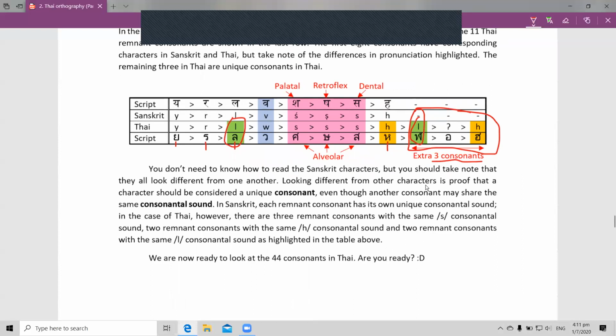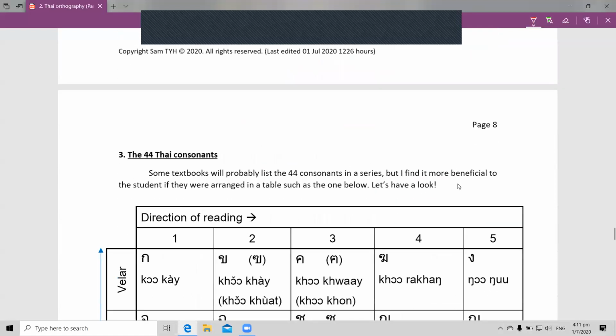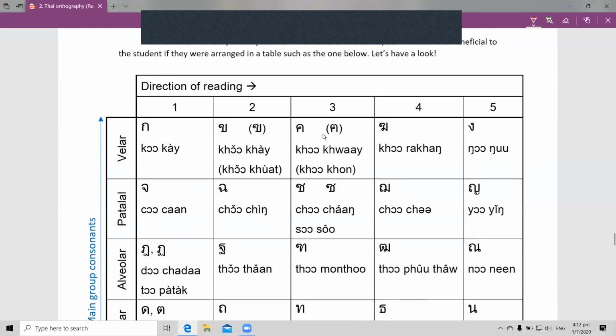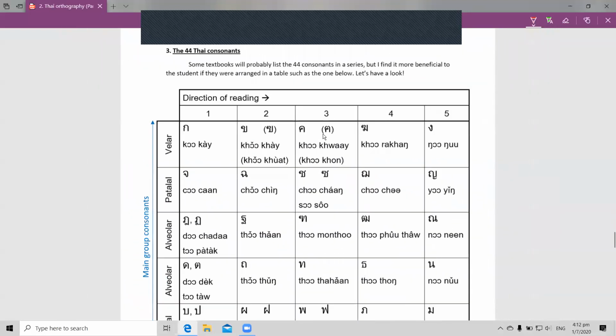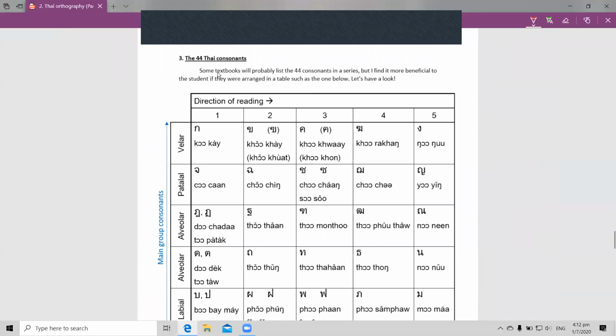Let us now look at the 44 consonants in Thai. Okay, so let me zoom out a little bit. So I said over here, some textbooks, I'm referring to university textbooks, or those textbooks you can find in the libraries, will probably list the 44 consonants in a series, like ko, kai, ko, kai, in a straight line.